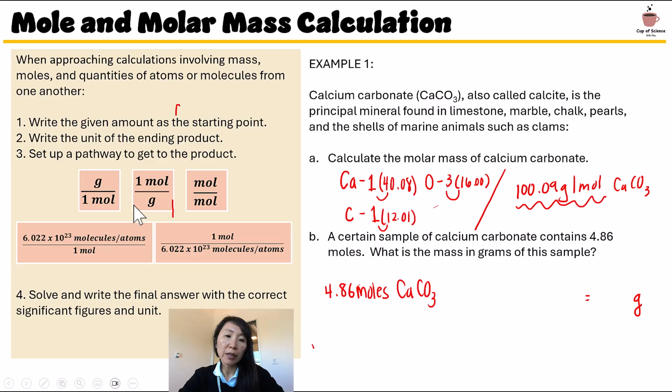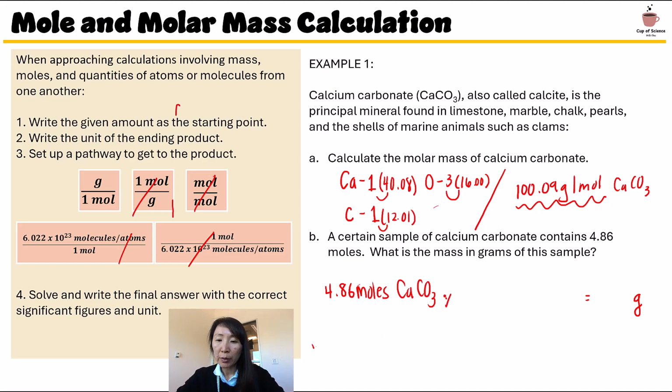So that gets rid of this one and this one. So we're left with these three. And then we want to have grams as well because we want to be left with grams. So these cancel, and we're just left with grams per mole.